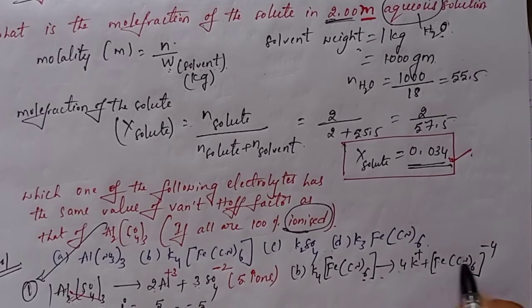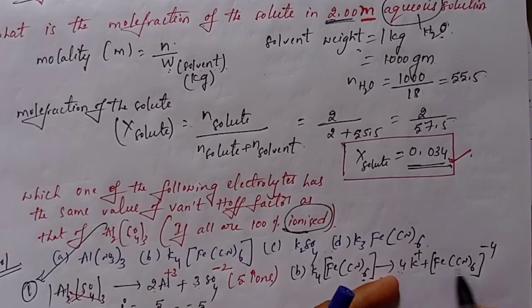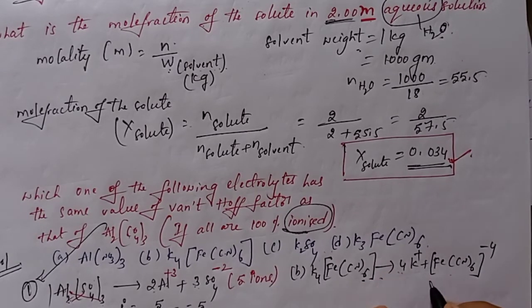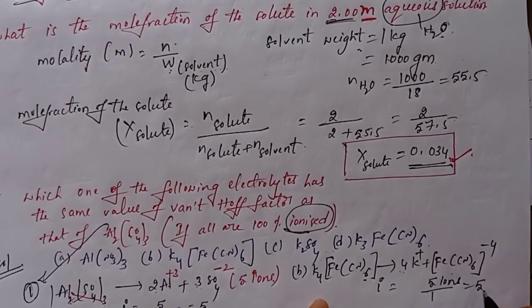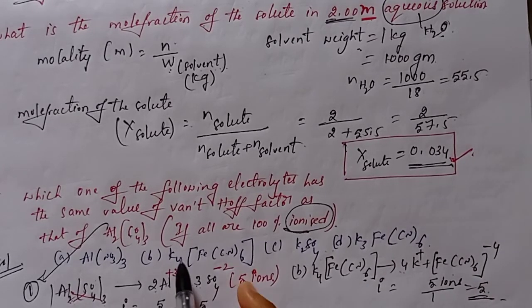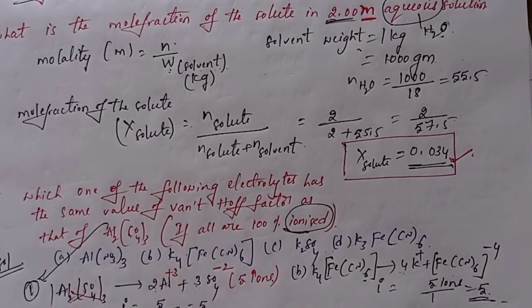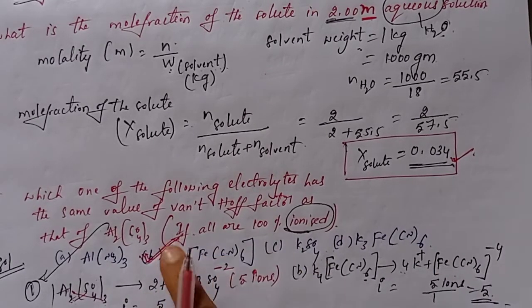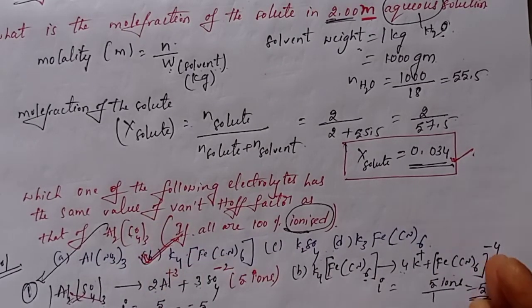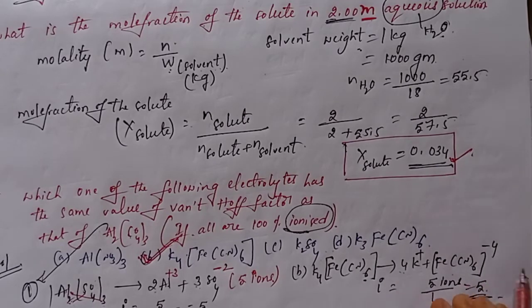Total how many ions are there? 4 ions, and this is 1 ion. Total 5 ions after dissociation. So i is equal to 5 by 1, so i is equal to 5. So this is having 5 ions. Aluminum sulfate is also having 5 ions. So that's why option B is the correct one, students. Both have the same Van 't Hoff factor. Clear this one?